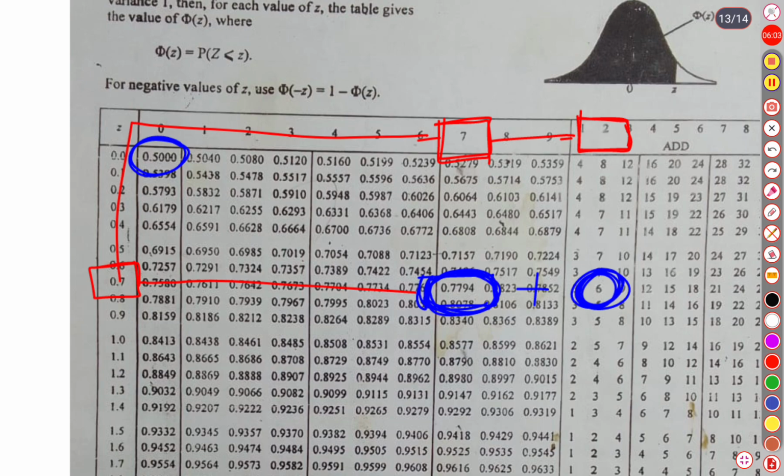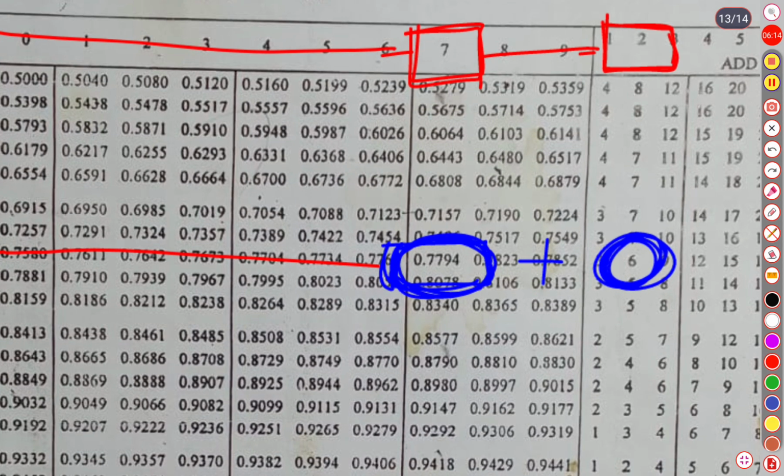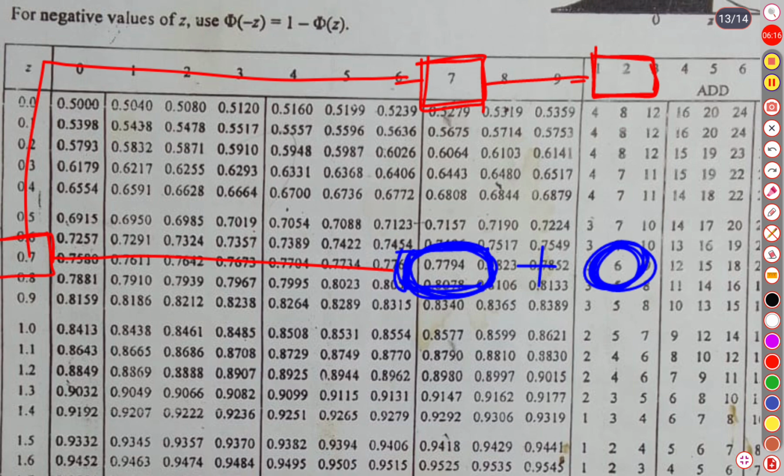For 0.78 there is no exact probability given in the probability distribution table, but we can find it here. Look at this, here it is 0.7794. If we add 6 to this, it is going to be 8.